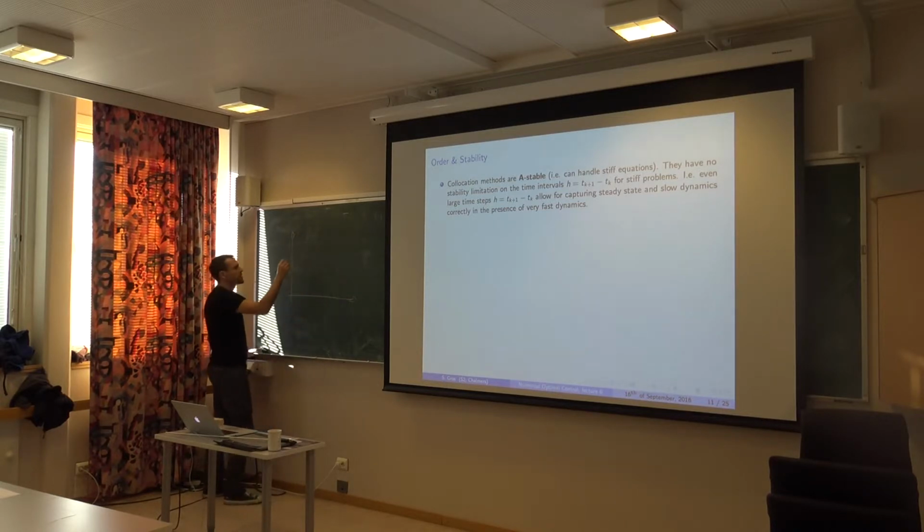And maybe I can make a small remark about that. I don't have an illustration in the slides, but you may have a stiff system that, for example, essentially decays to some steady state values while also oscillating around it. That would be a typical stiff system with some very fast dynamics oscillating and a slower dynamic that maybe behaves like an exponential.